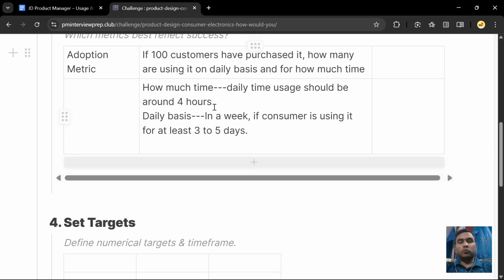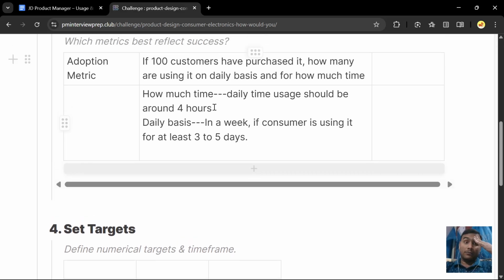So these are the two metrics that I would think about as the ideal.